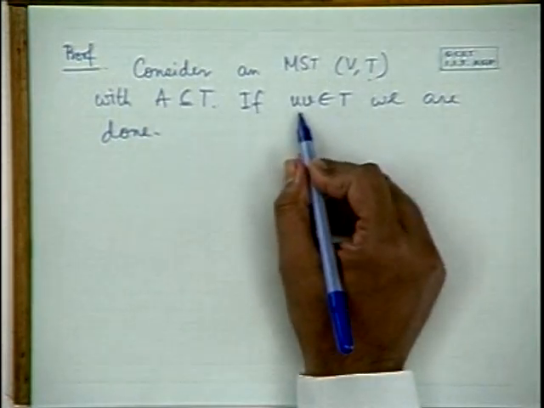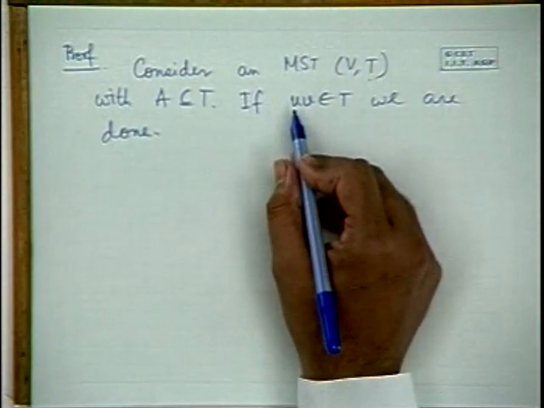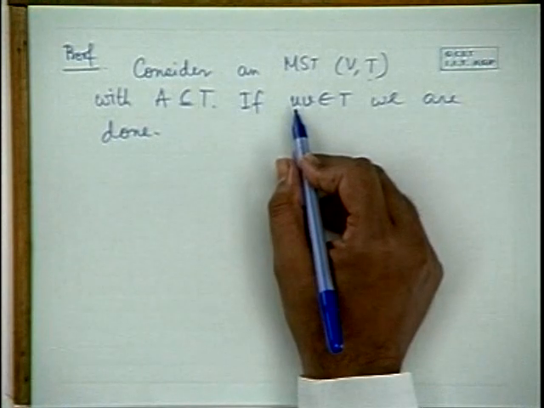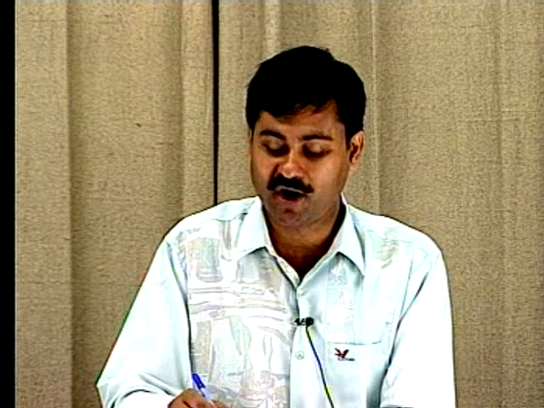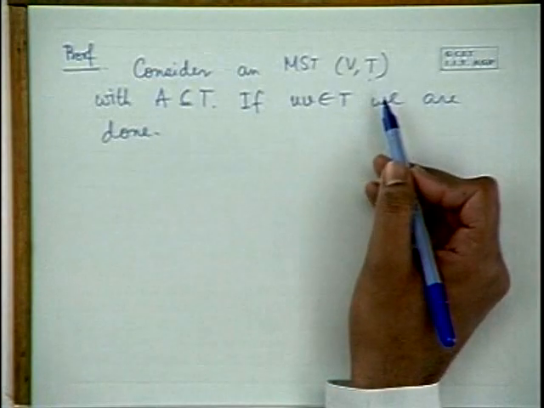The edge UV which we have chosen is the edge with the minimum weight among all those crossing the cut. If that belongs to this MST, we have nothing to prove. Then A union UV also belongs to an MST.